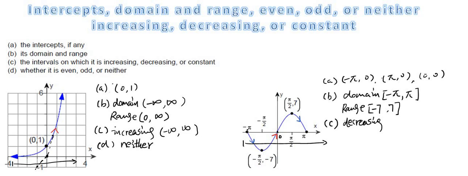For decreasing, we have this part from -pi to -pi/2, and then we have another part that is decreasing too, from pi/2 to pi. Now increasing.